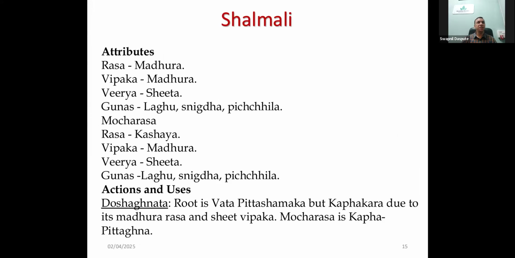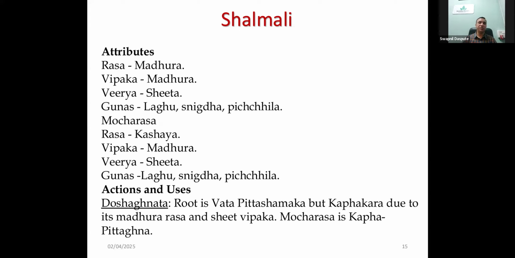Attributes wise, Rasa is Madhura, Vipaka is Madhura, Virya is Shita. Madhura, Madhura, Shita; gunas are Laghu, Snigdha, and Pichila. Mocharasa, the gunas are a bit different, hence mentioned separately. Rasa is Kashaya.